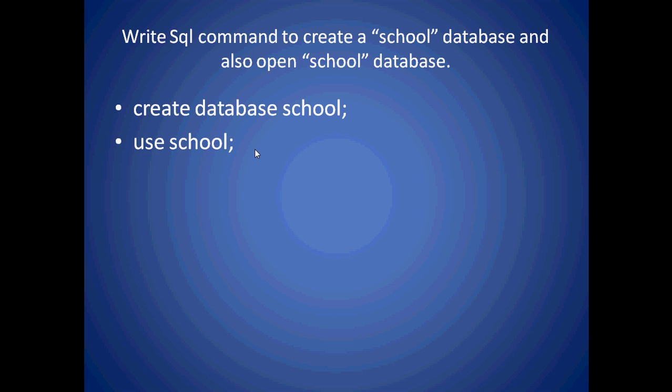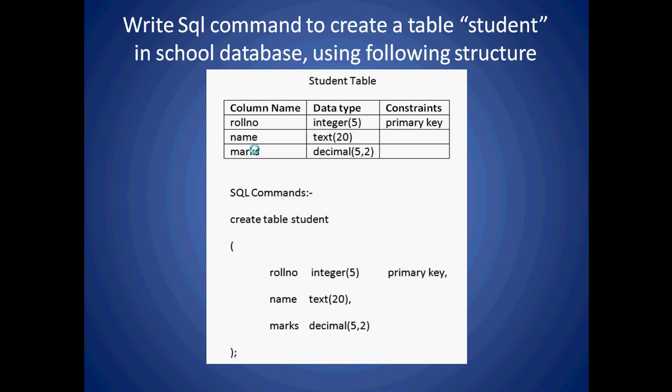Now the next command is: write SQL commands to create a table student in school database. Use the following structure. Okay, so this is our question. Our table is the student table. Column names: roll number our first column, name our second column, marks our third column.